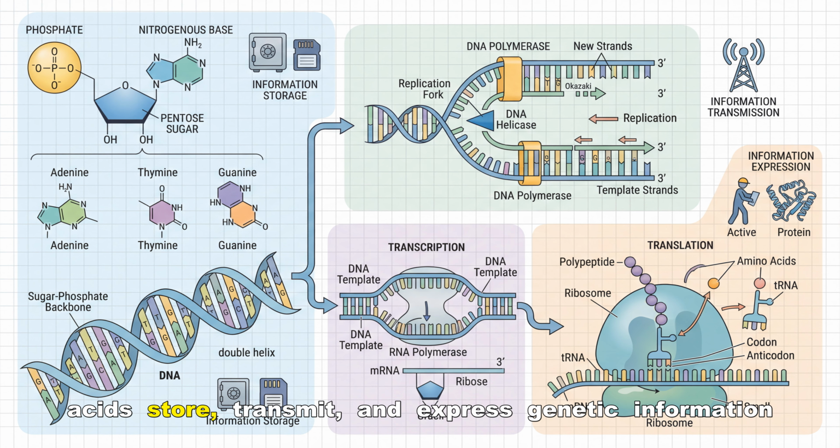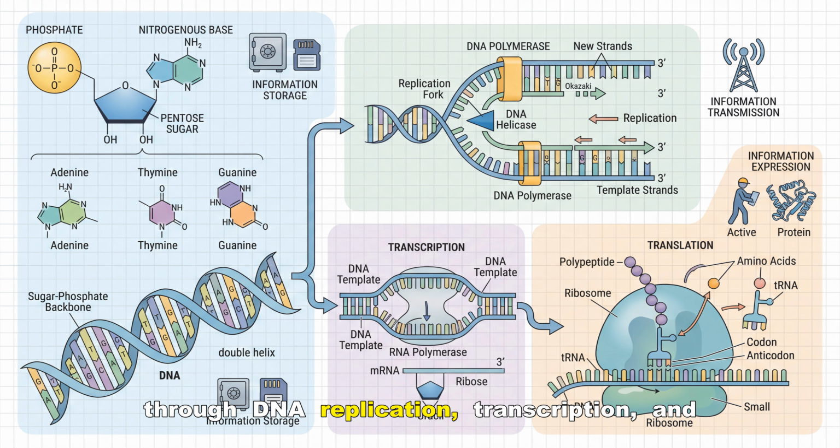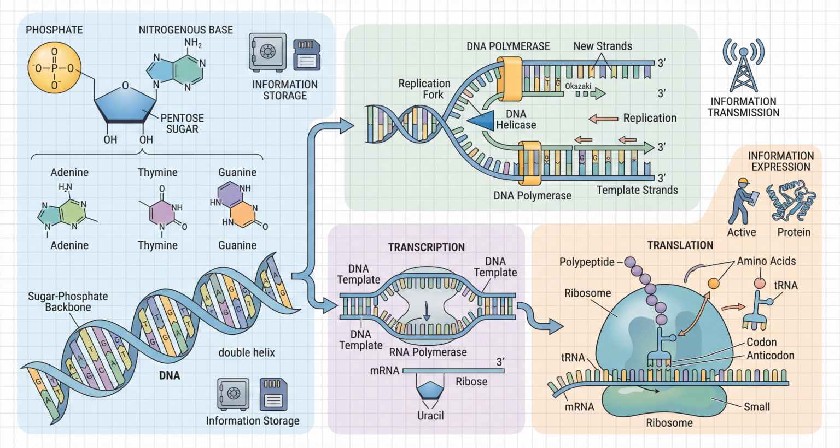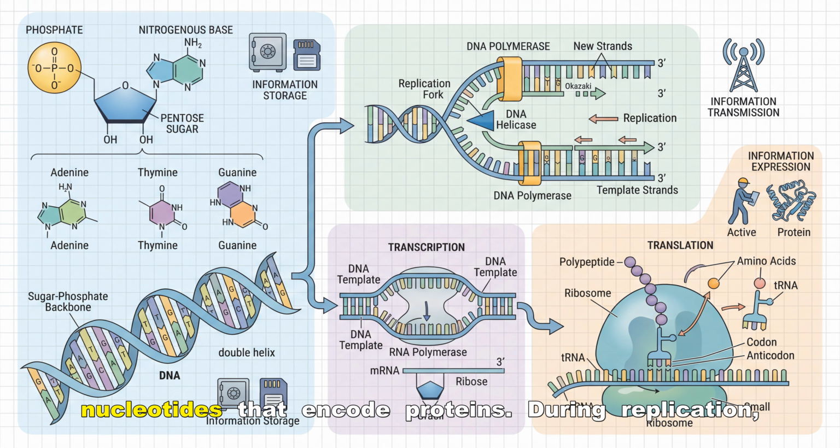Nucleic acids store, transmit, and express genetic information through DNA replication, transcription, and translation. DNA serves as the long-term repository of genetic information, organized into sequences of nucleotides that encode proteins.